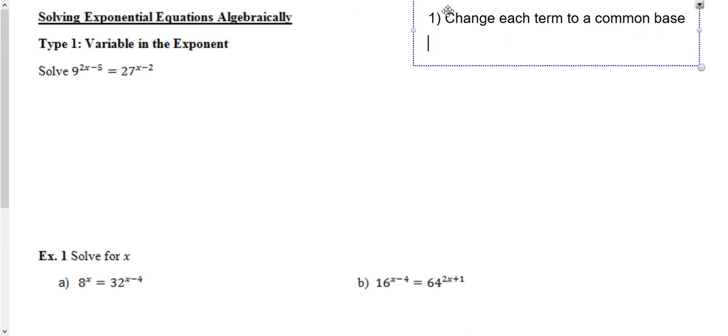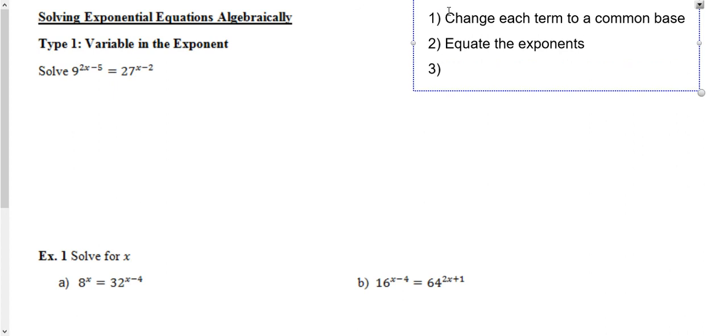Step 2, you want to equate the exponents, aka make the exponents equal to each other. And step 3, you're going to solve for x. And there we go. 3 easy steps to follow, and we should be able to solve these questions.